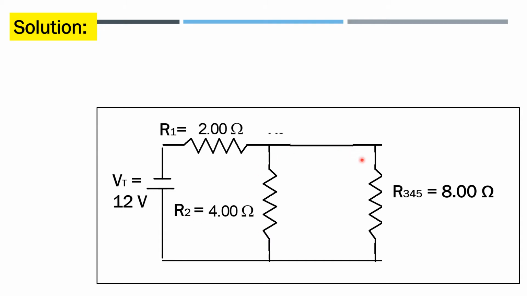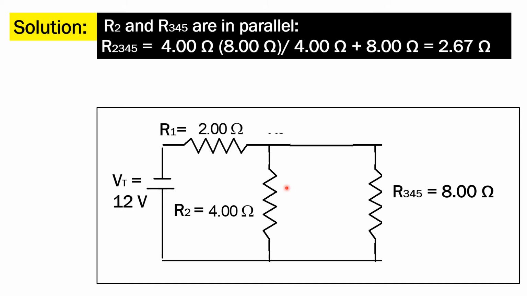Obviously, they are in parallel. So we use the formula for adding two unequal resistances in parallel, the product over the sum: 4 ohms multiplied by 8 ohms, divided by the sum of 4 ohms and 8 ohms.